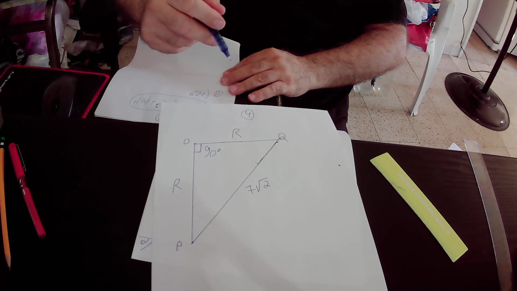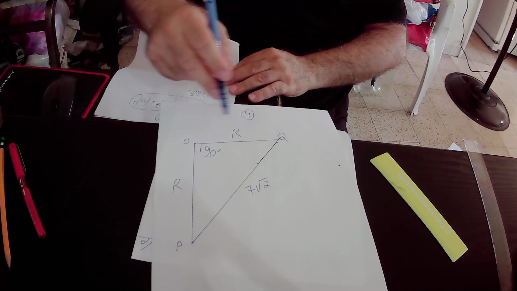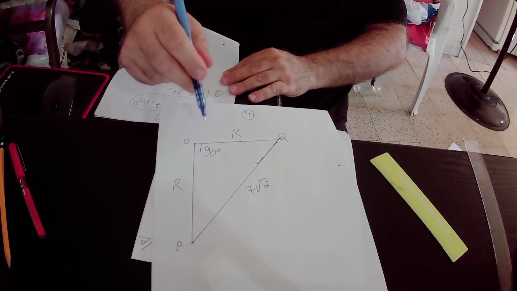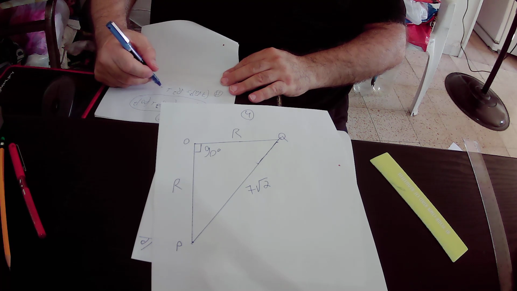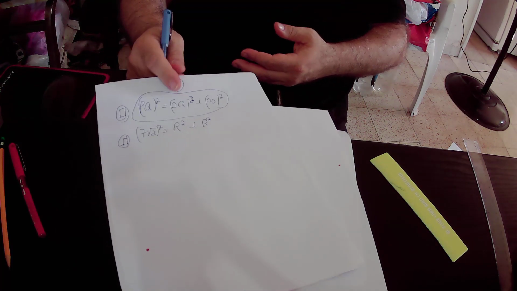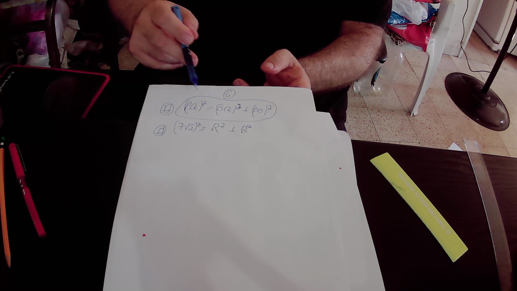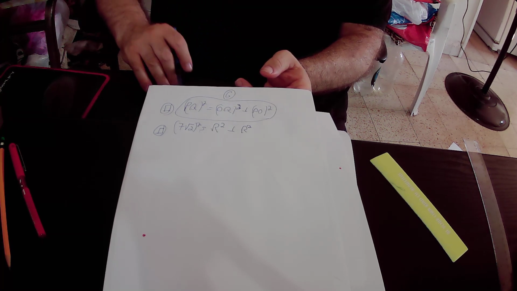And then we can substitute OQ by capital R. And we can also substitute PO by capital R. So we will get that 7 times root 2 square equals R square plus R square.